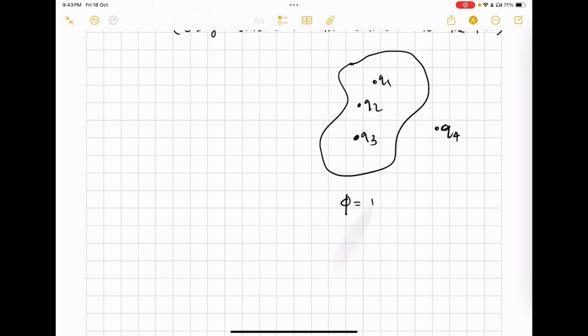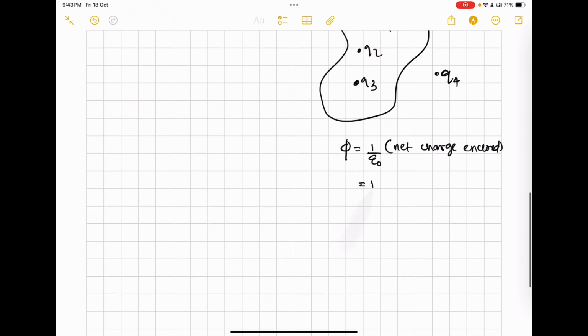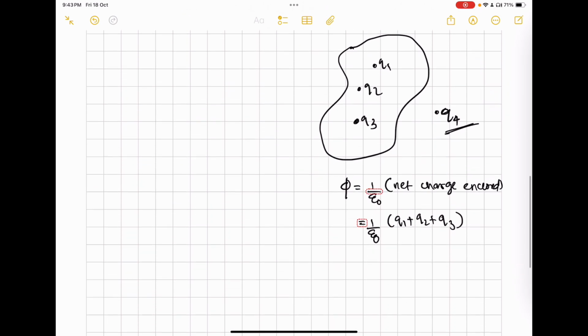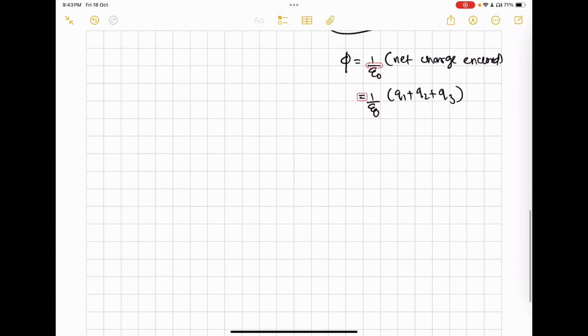Flux is equal to 1 by epsilon 0 times the net charge enclosed. So phi is equal to 1 by epsilon 0 times Q1 plus Q2 plus Q3. Q4 will not contribute to the flux, right?